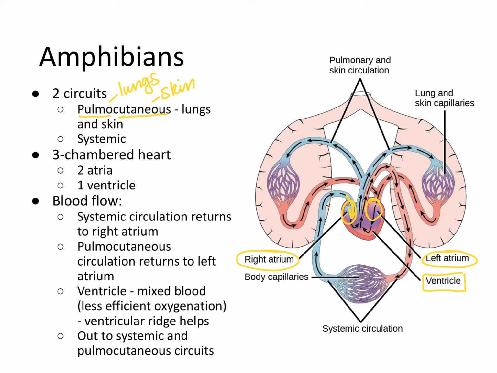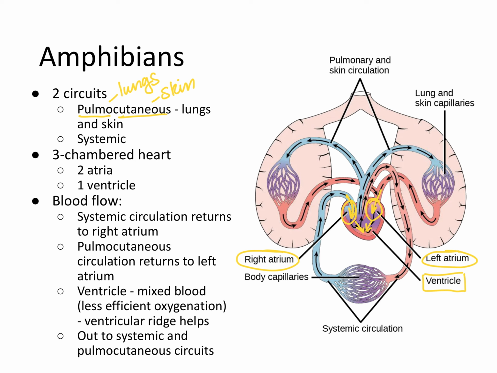Whereas the oxygenated blood coming from the pulmocutaneous circuit returns to the left atrium, which once again is similar to mammals, where the right atrium gets deoxygenated blood from the body tissues, and the left atrium gets oxygenated blood from the lungs.